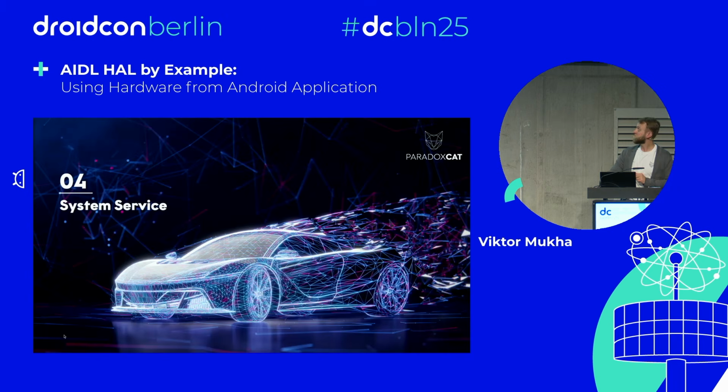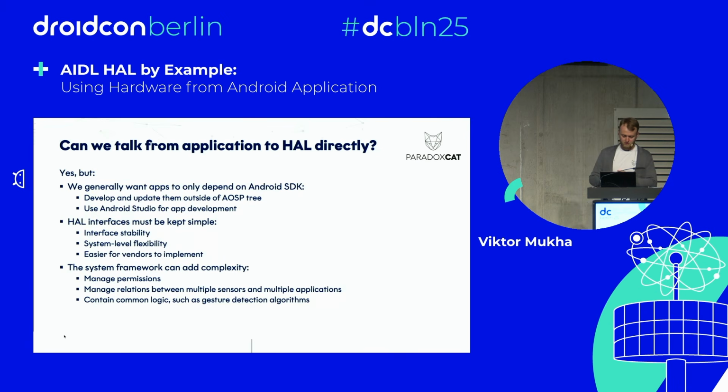So let's proceed with the presentation and talk about system service. So can we talk from our application directly to this HAL? In fact, we can, because it's AIDL. We can simply use Java-generated sources and get along with it.